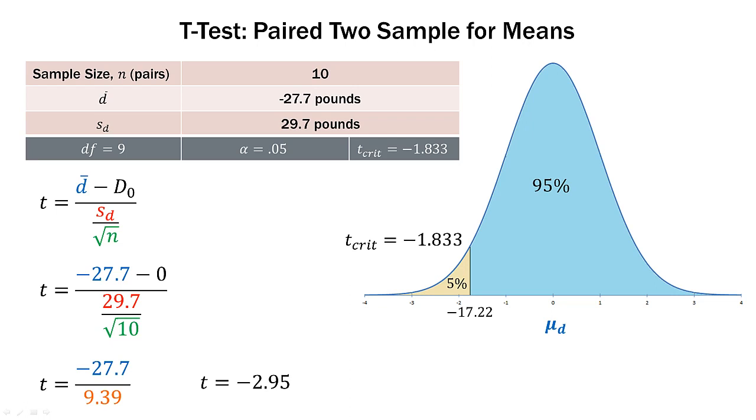So we put our test statistic on the distribution, and of course it falls way down there, at negative 2.95. And that actually represents our mean weight loss of 27.7 pounds. So you can see that is well below our critical value. Now, since our test statistic is in the rejection region down here in the lower tail, what would happen to our hypothesis? Well, we would reject our null hypothesis because it is in the rejection region.